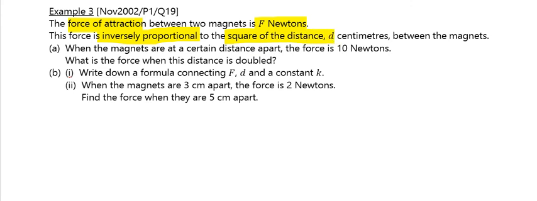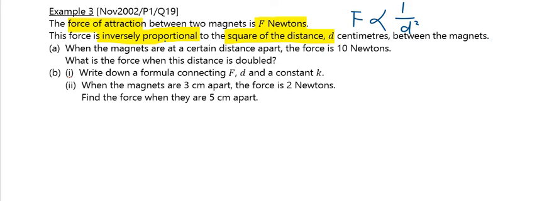So I will write down that F is inversely proportional to the square of the distance. That's your initial equation. But let's see the question first. D centimeters between magnets. Let's go to part A.